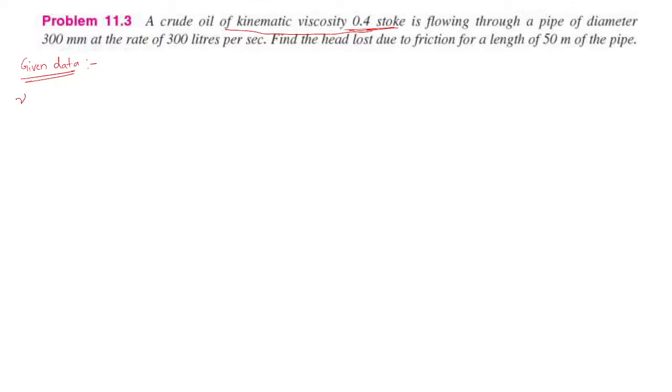I am writing the mathematical expression, that is 0.4 stoke. We need to convert that 0.4 into 10 power minus 4 meters square per second. Fine. It is flowing through a pipe of diameter, small d, which is 300 mm. So this is 0.3 meter.